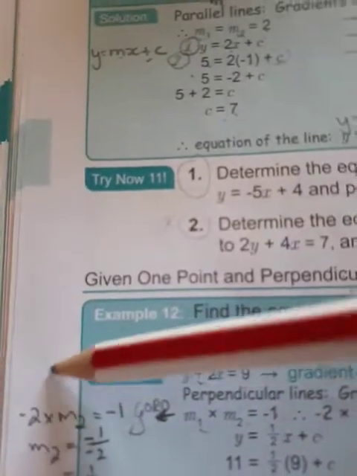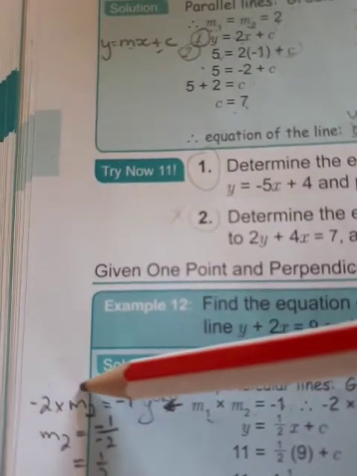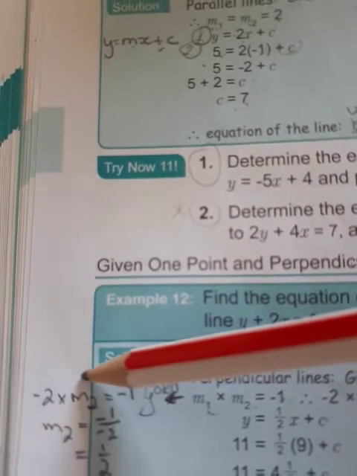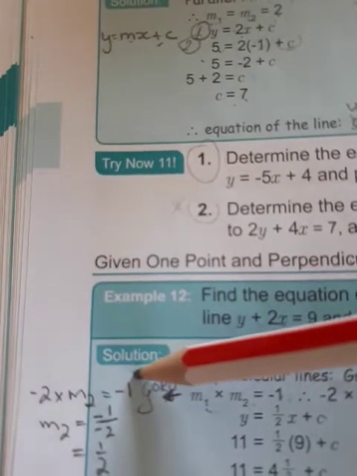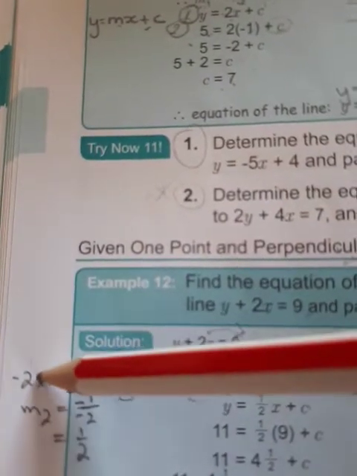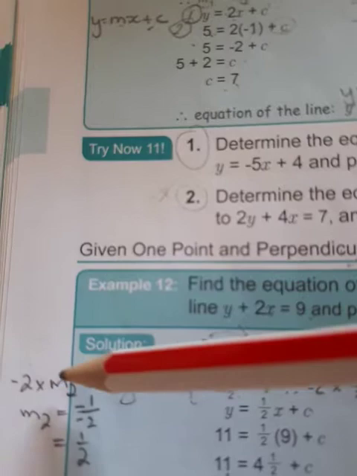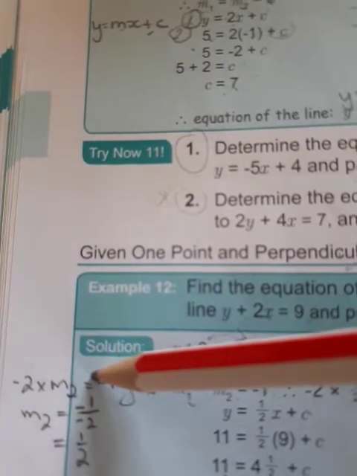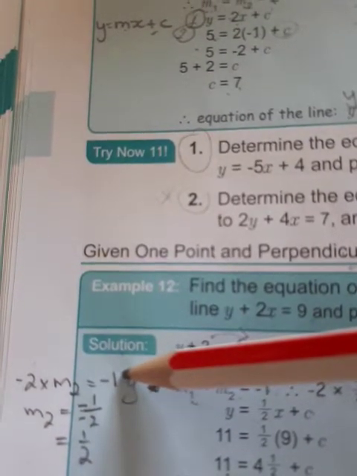If you have m1 times m2, gradient 1 times gradient 2, that should give you negative 1. In this case, we've got a gradient of negative 2, so you substitute the negative 2, which you must multiply by the gradient 2. That must give you negative 1.